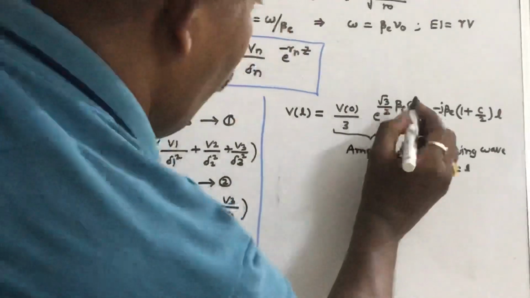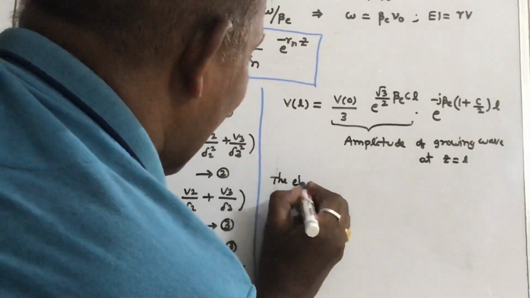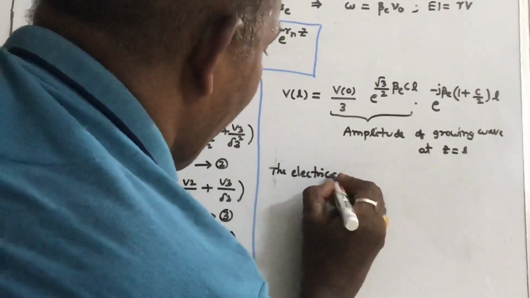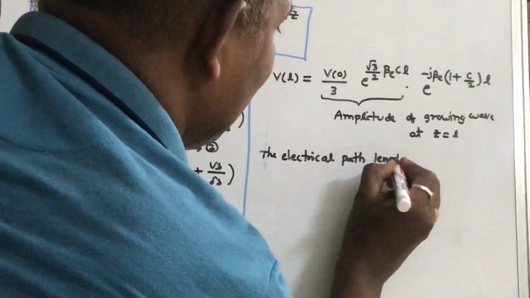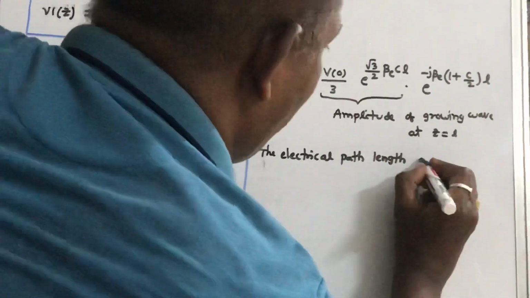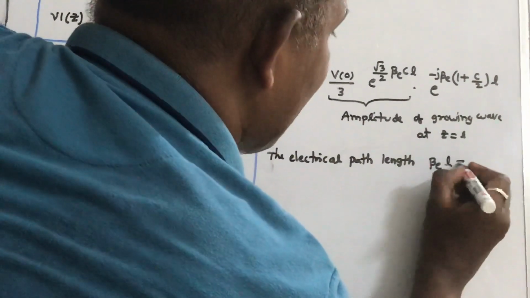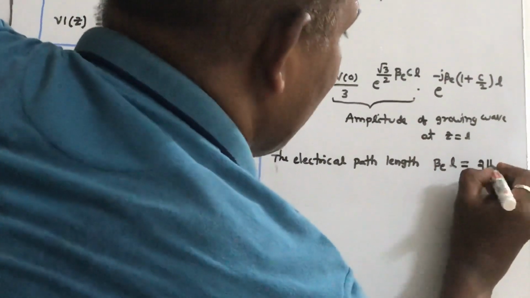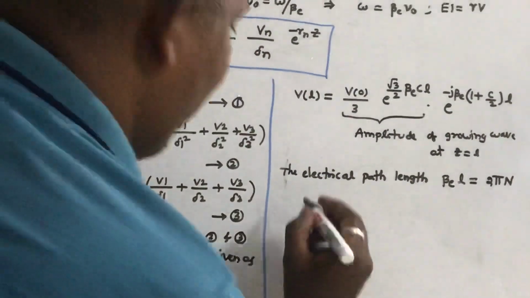Now one more slight correction we will make. The electrical path length: what is the electrical path length formula we know? Beta e into L, which is known as electrical path length from circuit theory, is represented as 2 pi n.